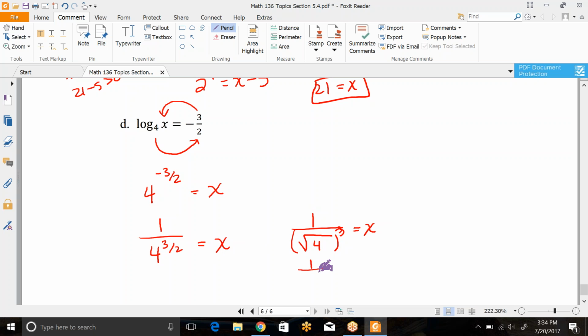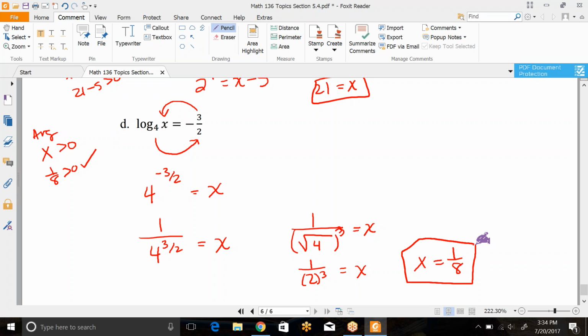So that would be 1 over 2 cubed. So I'm getting that this should be 1/8. Checking our argument. Our only argument here is an x. That's the only thing we have inside of any log. And 1/8 is definitely greater than 0, so we're good there. So this is our solution for this one.